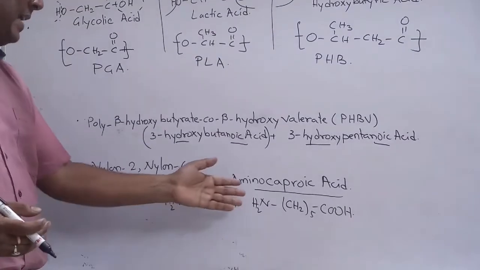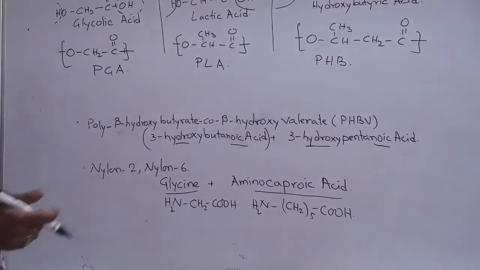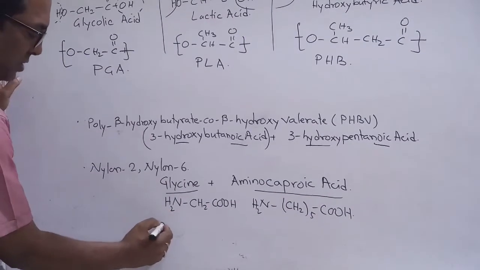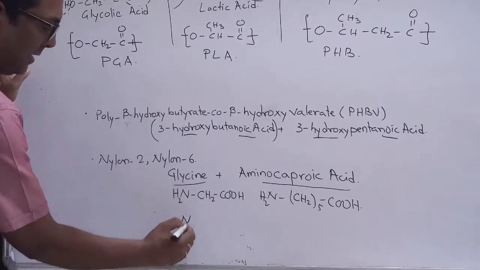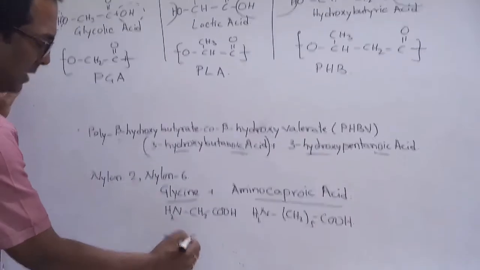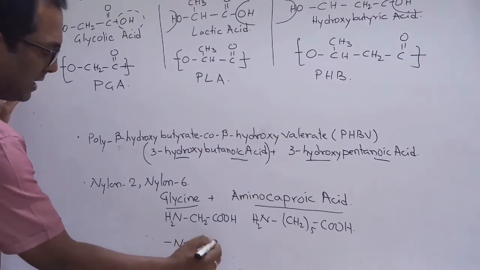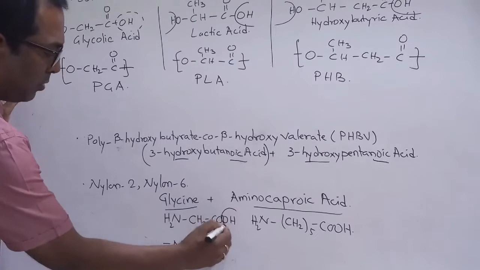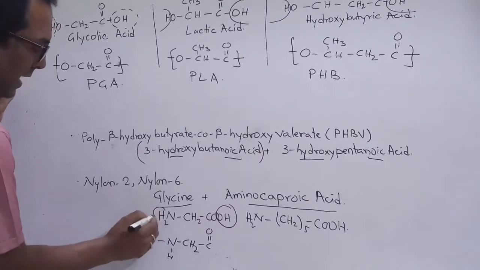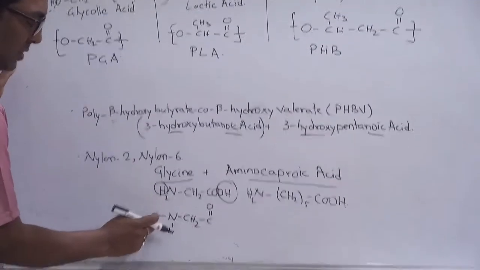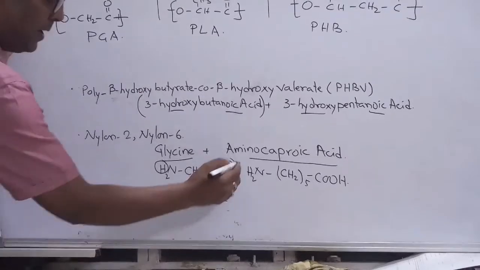So glycine and aminocaproic acid, when one hydrogen is removed, it gives NHCH2C=O. This OH goes off, here one H goes off. So one H remains, another hand remains open.